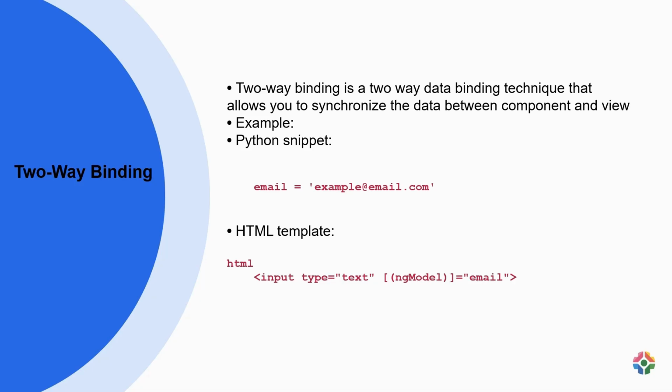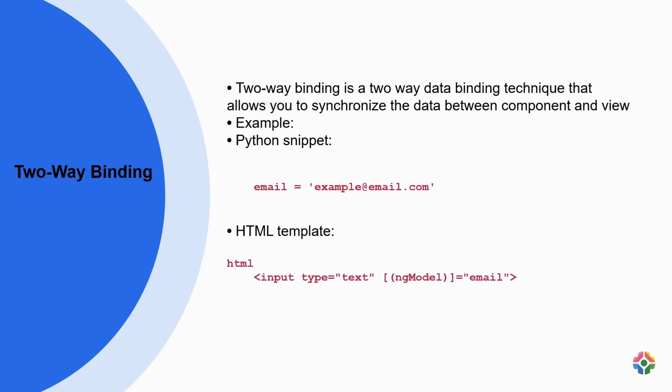For instance, considering a scenario where a user inputs their email address in a text input field in the view, the two-way binding ensures that the entered email is immediately accessible and stored in the component data model. Conversely, if the email stored in the component is modified programmatically, the corresponding change will seamlessly reflect in the view without manual update operations. In essence, the two-way binding feature enhances the seamless interaction and synchronization of data between the user interface and the underlying component logic.